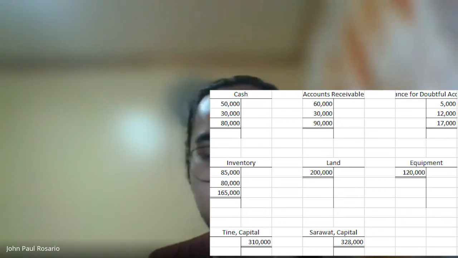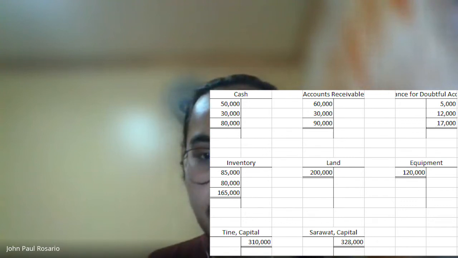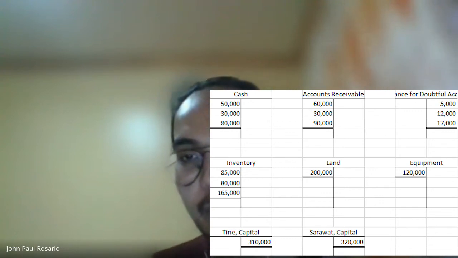For your allowance for doubtful accounts 17,000, and then Tyne capital of 310,000, Sarawat capital 310,000. Okay.